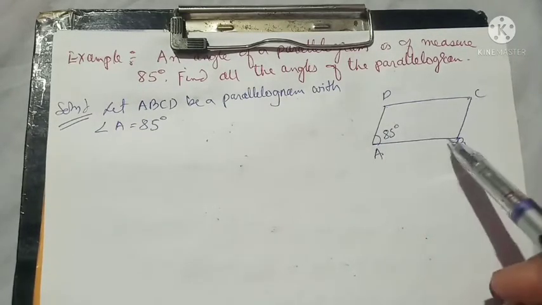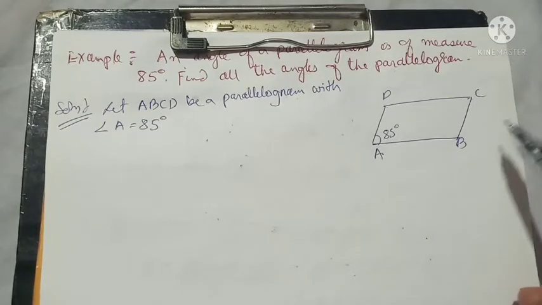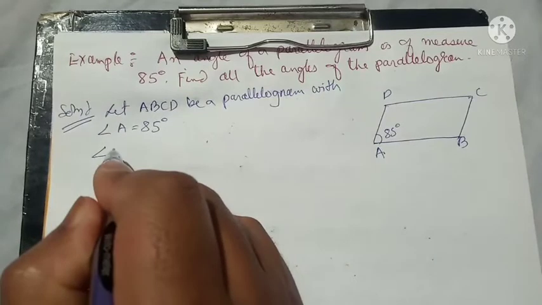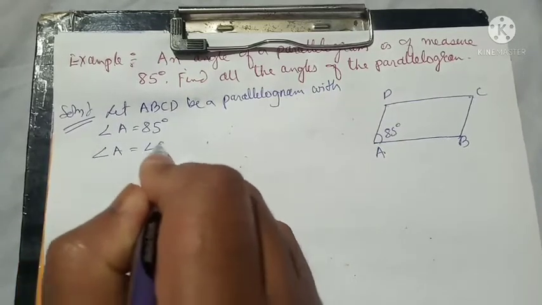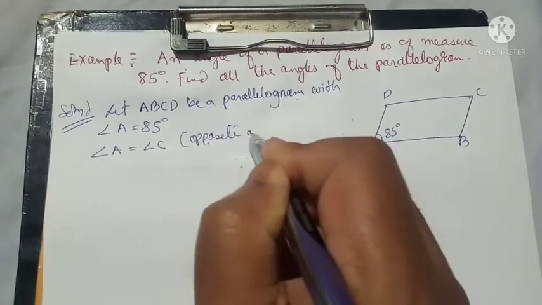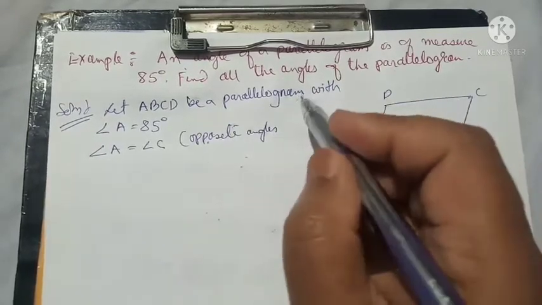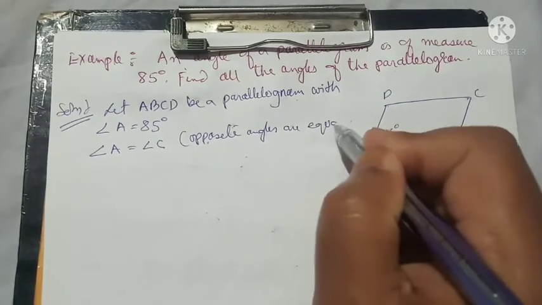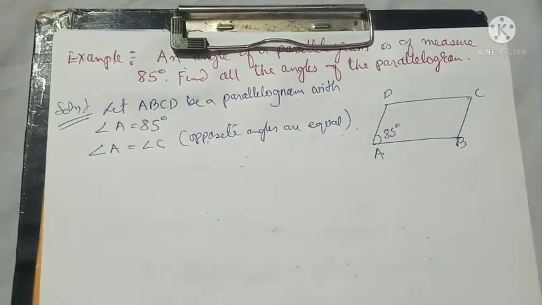This is given in the question. Now, angle A and angle C. Angle A is equal to angle C, because opposite angles are equal. From the properties of parallelogram, we have opposite angles of the parallelogram are equal.